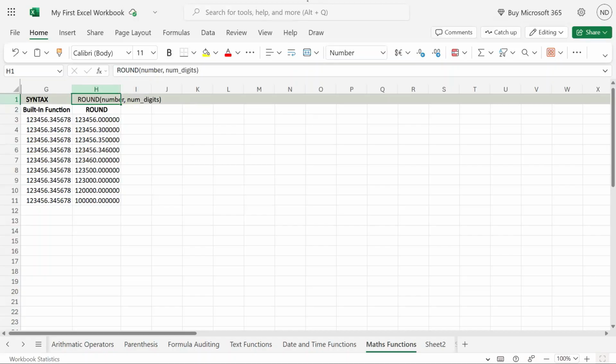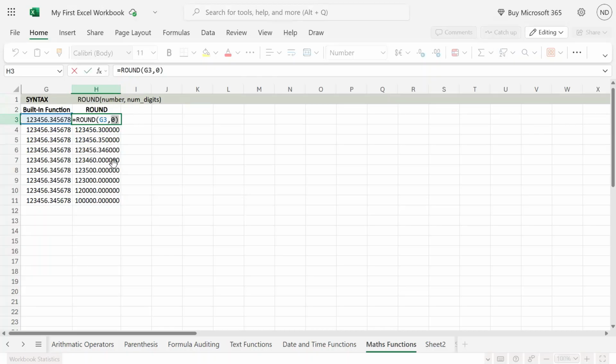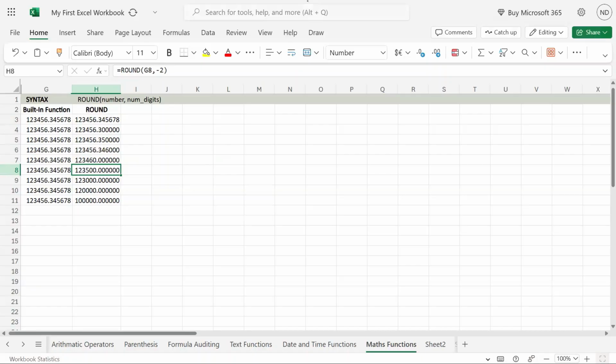Now, the important points that you need to be very careful of when you're working on this function is, if the number of digits is greater than 0, then the number specified would be rounding up the decimal places as I've shown you. If it is positive, if it is greater than 0. But if it is less than 0, then it will round up to the nearest integer, that is all the digits before the decimal point, that is to the left of the decimal point.